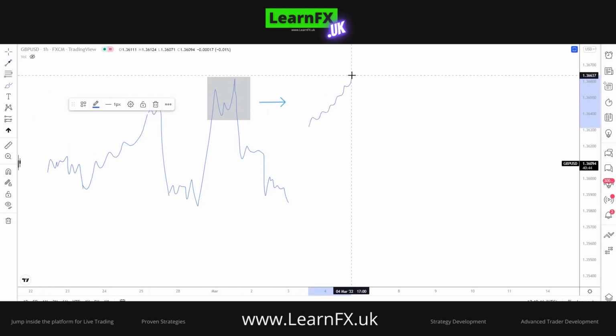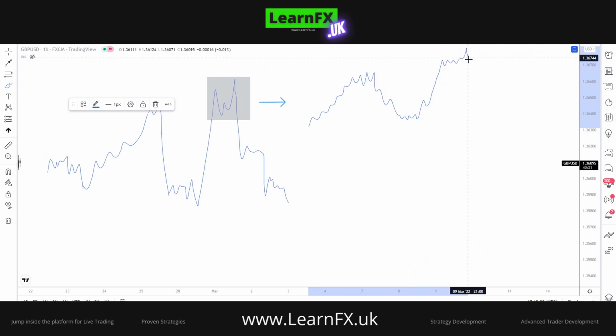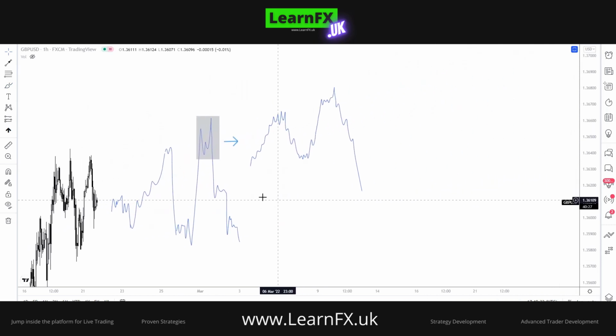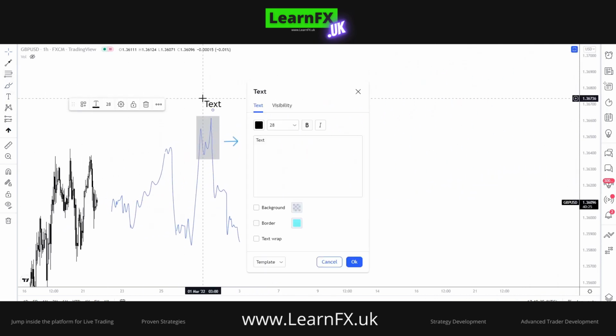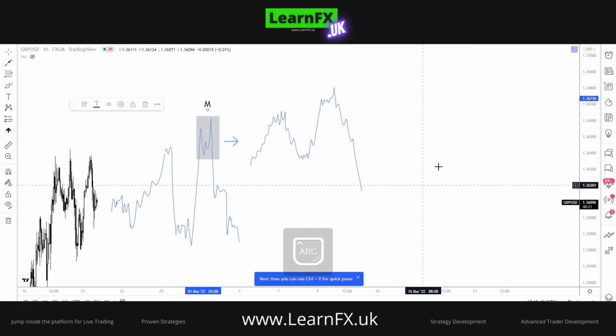I'd see that markup, some distribution, a markdown, some accumulation, a markup, some more distribution, and a markdown. So let's call this our monthly time frame.